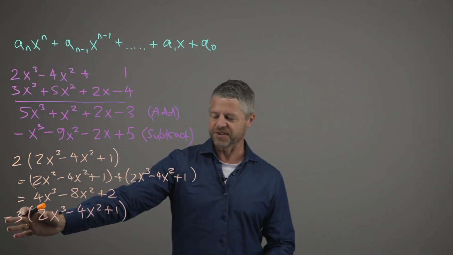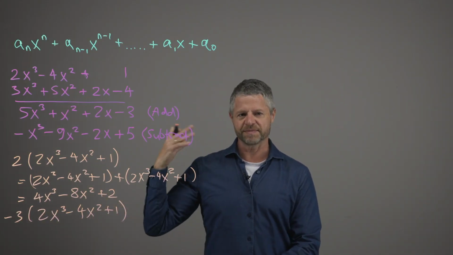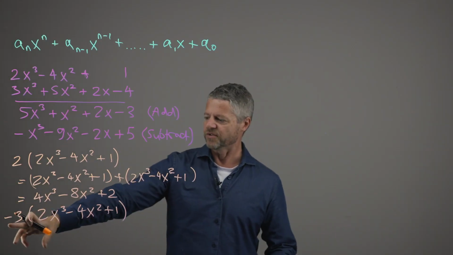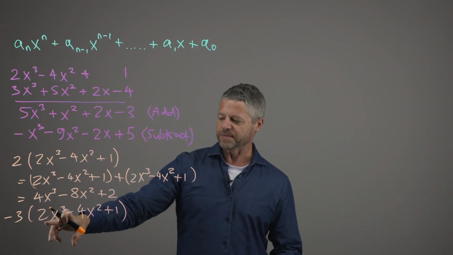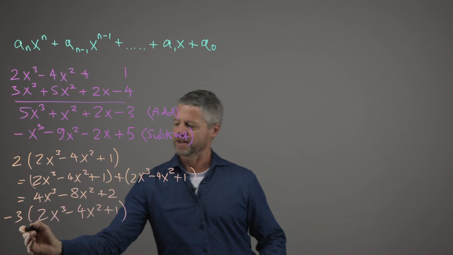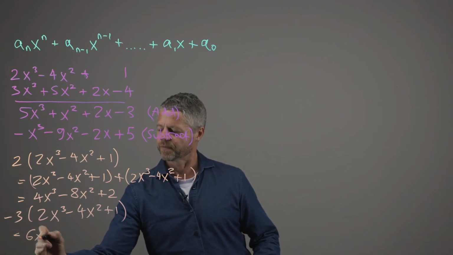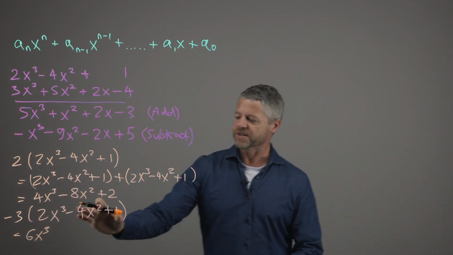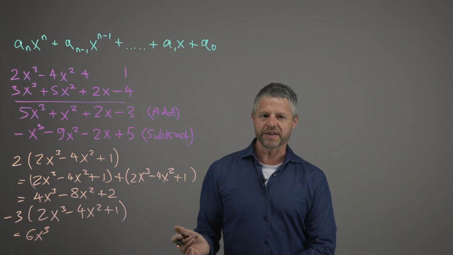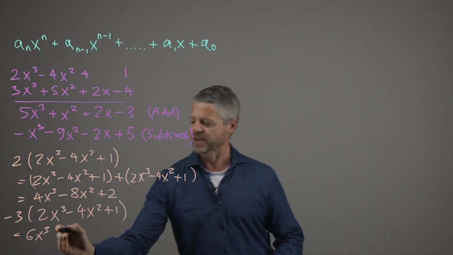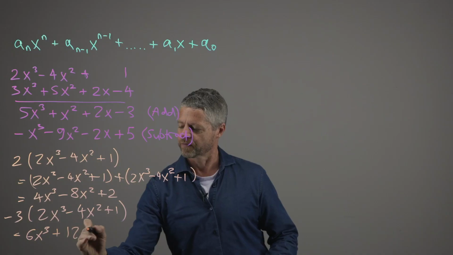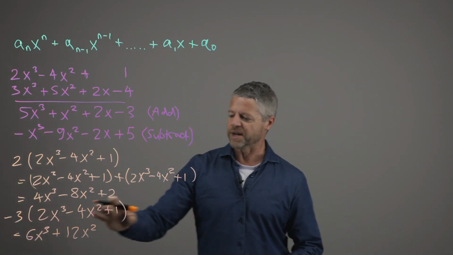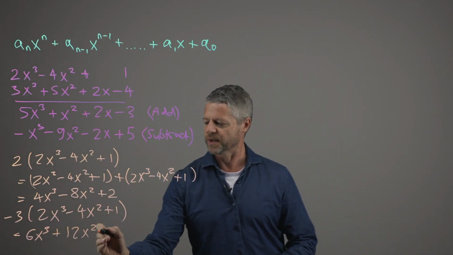But instead I'll just think through what I'm doing. I've got minus 3 times 2x cubed, so that'll be minus 6x cubed. And then we've got minus 3 times minus 4x squared. That'll be plus 12x squared. And then we've got minus 3 times plus 1. So we've got minus 3.